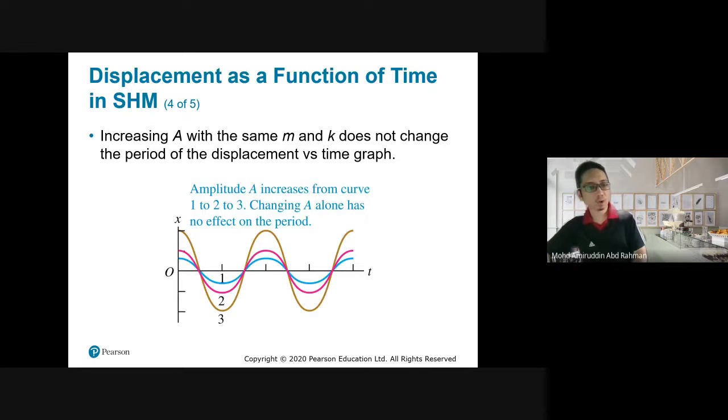Let's say now we increase the amplitude. When we increase the amplitude, going back to the pendulum experiment, this is location 1 compared to 2. We have a bigger amplitude over here compared to this one.